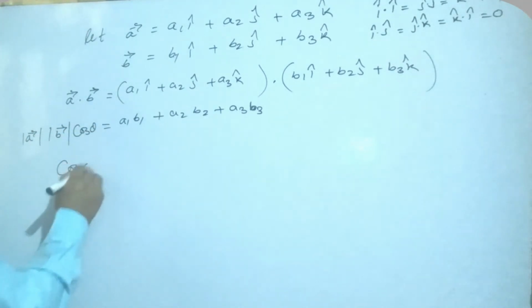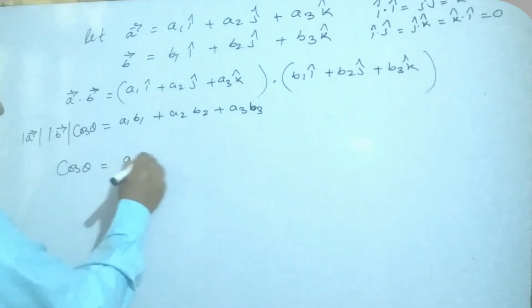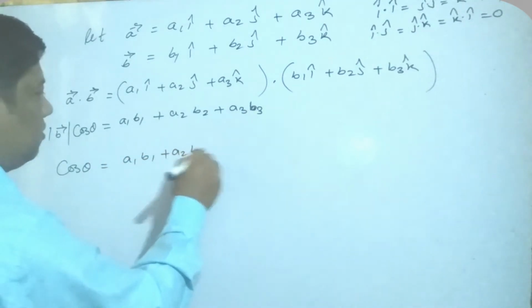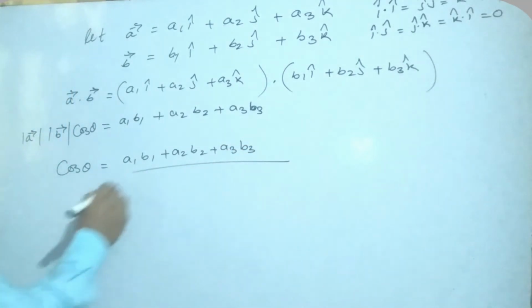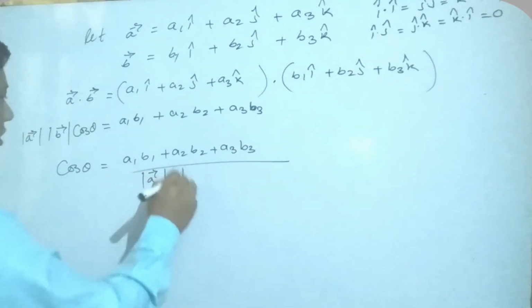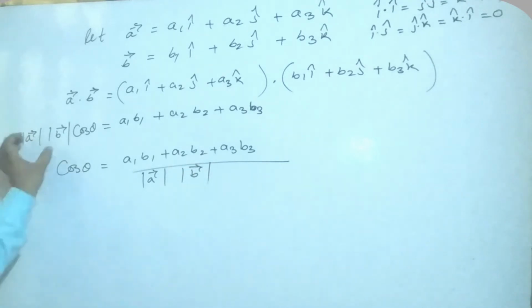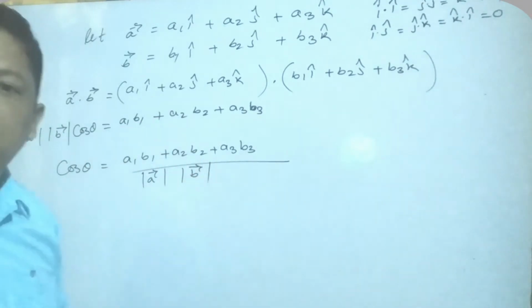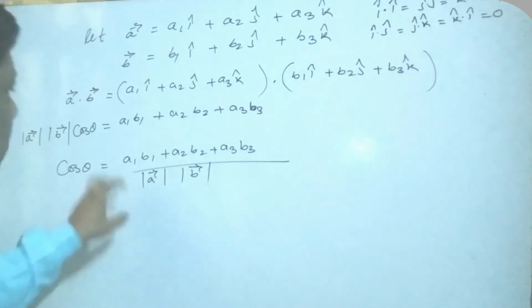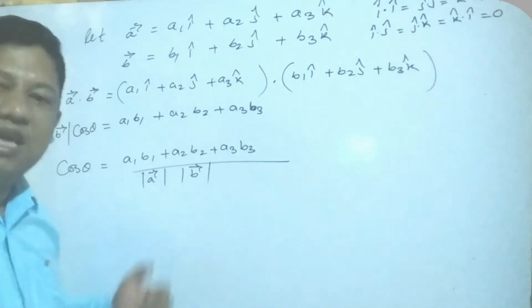That means cos theta equals a1 b1 plus a2 b2 plus a3 b3, and the denominator is mod of A, mod of B. That is the angle between the two vectors. You can use this to find the angle.